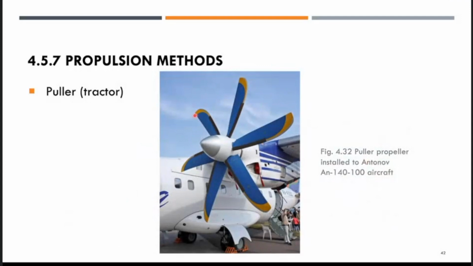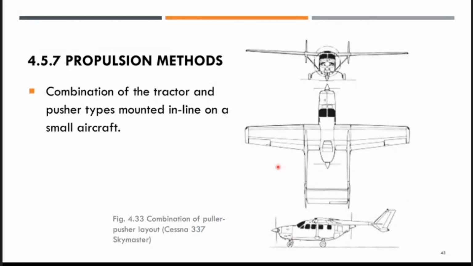And then we have the normal type of propeller installation, which is the puller. We call it tractor. The rotation of the blades will pull the aircraft forward instead of pushing it forward. Okay, the puller propeller installed on the Antonov AN140-100 aircraft, as shown in this figure.